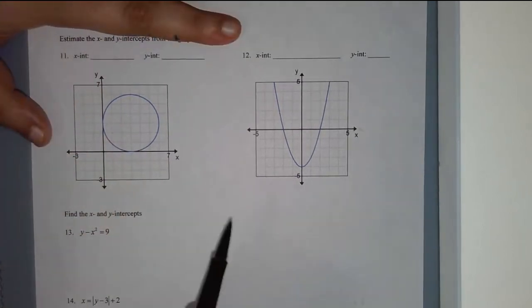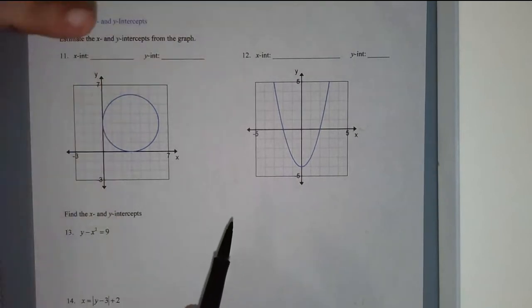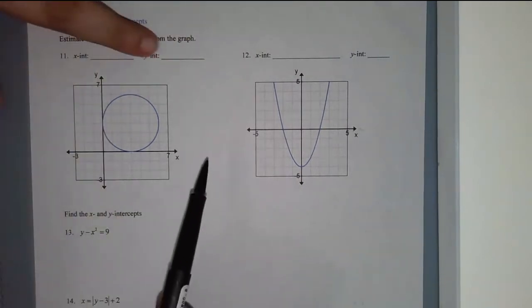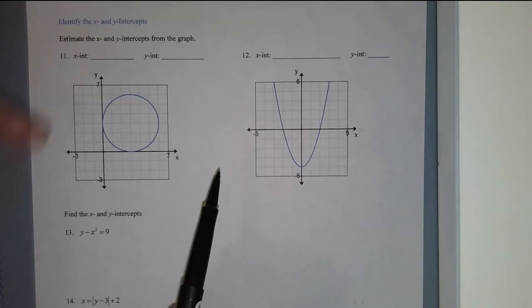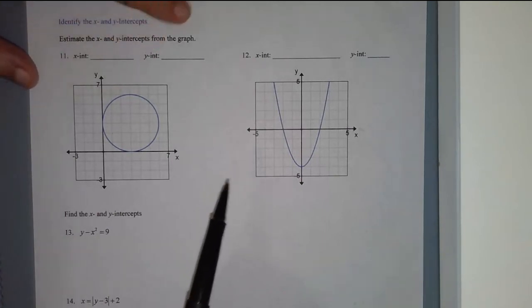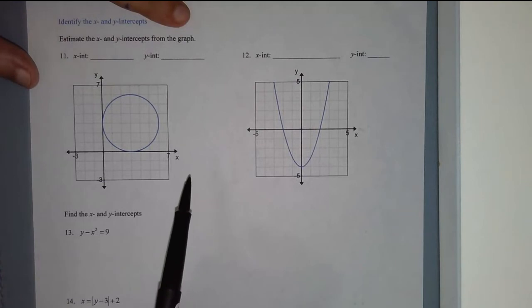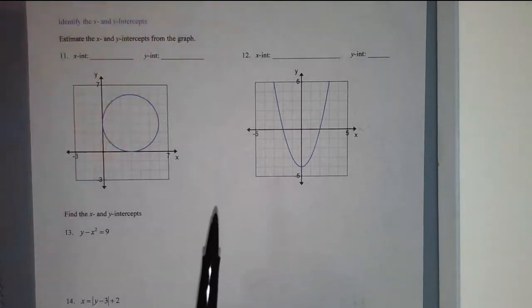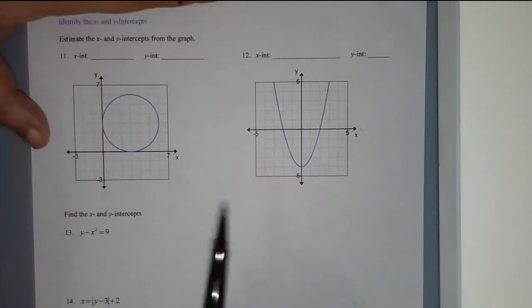Now, as a rule, just for functions, you can only have one y-intercept, and more than one x is fine, but the max you can have for y is just one. But don't worry about that now since we're not dealing with functions yet.